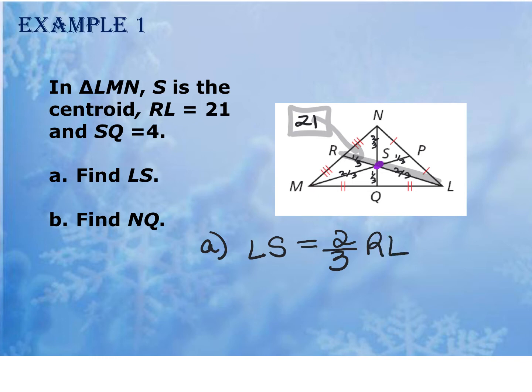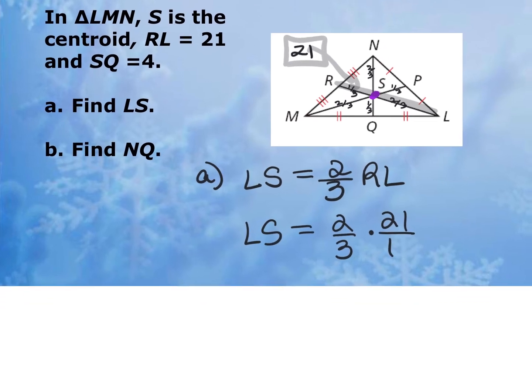So I'm going to replace what I know. I know that the length of RL was given to me as 21. Whenever I multiply a fraction by a whole number, I can add a 1 to the denominator. Now, if you choose to just multiply it the way it is, do 2 times 21, get 42, and then have to go back and divide that by 3, what's a lot better is to simplify diagonally.